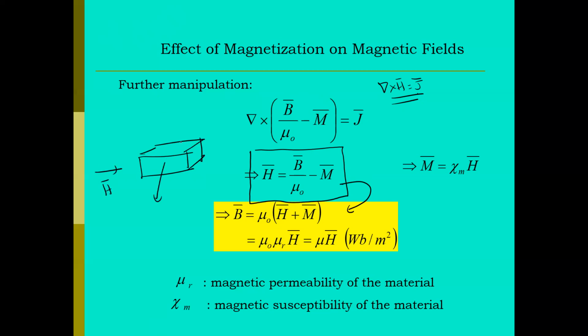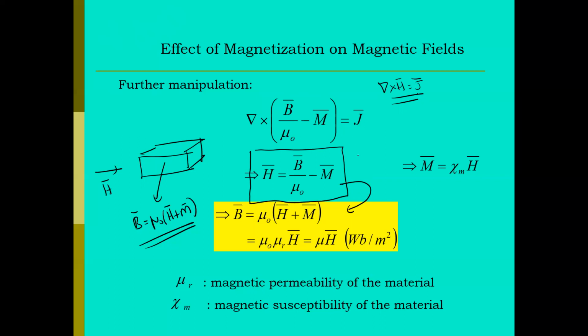In this particular magnetic material, due to the generated magnetization vector M, we can record that the flux density B inside this material will be equal to mu naught of H plus the vector M. That is the magnetic flux density generated in your magnetic material as a result of the magnetization vector. So the generated M contributes to the flux density in the magnetic material.